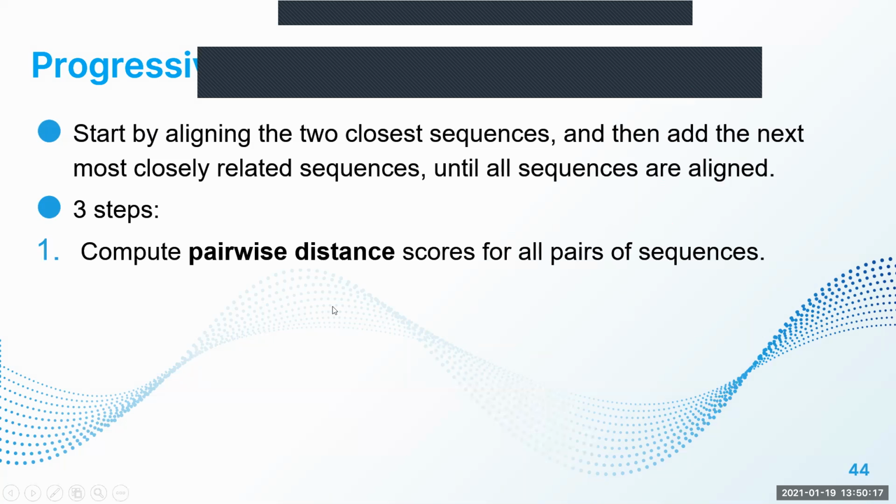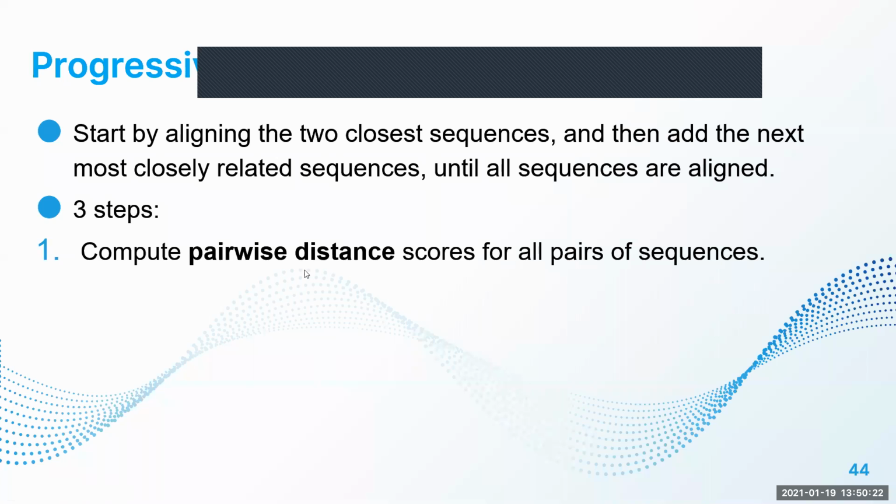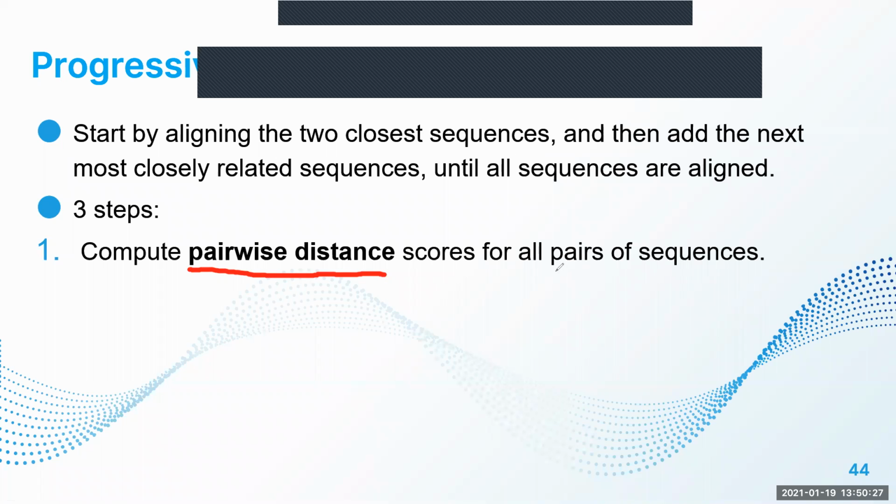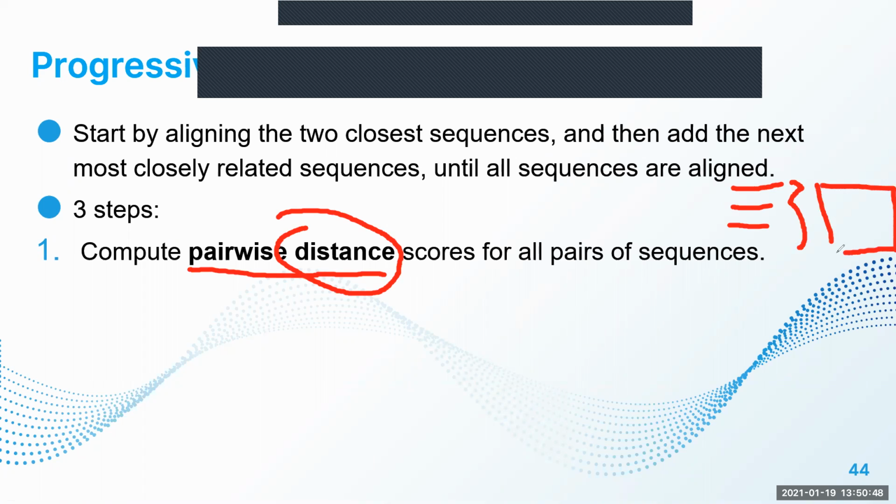First you get the pairwise distance scores. You do the pairwise alignment, then you get some kind of a value, which we can call distance. That means how similar those pairs are. Suppose you have three sequences. First you conduct this pairwise alignment, then you get how similar these pairs are.